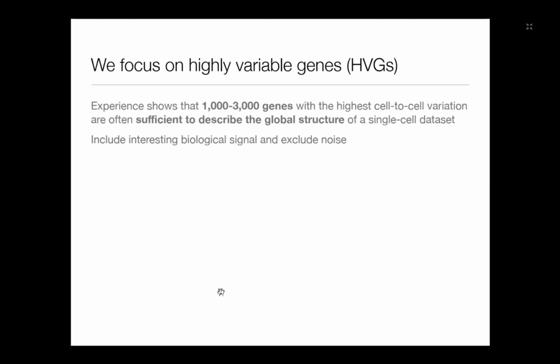So we are actually interested in genes that vary between cell types, because they will also help us to identify cell types in a data set, as compared to genes that, you know, are like housekeeping genes that are equally expressed everywhere. They don't help us to see different cell types in the data. So the goal is to include the interesting biological signal and exclude noise. And the good number is often between 1,000 and 3,000.